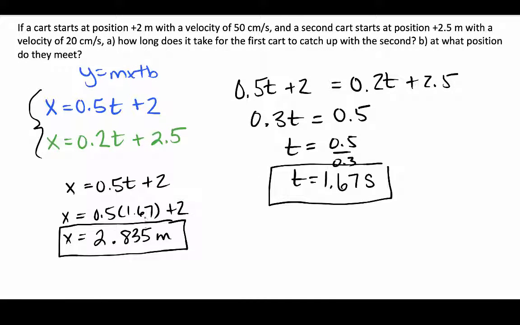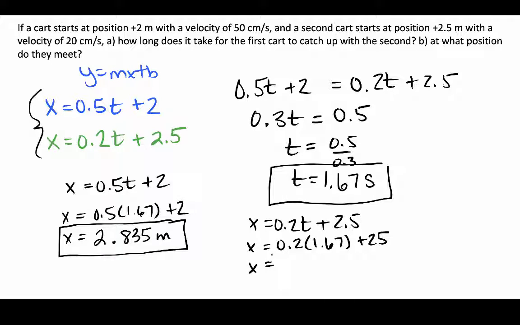Now, just to show you that you get the same answer for both, if I were to plug it into the other equation, x is equal to 0.2t plus 2.5. x is equal to 0.2 times my t value, 1.67, plus 2.5. And I solve for that, and I bet I'm going to get 2.8 something. 2.834 meters.